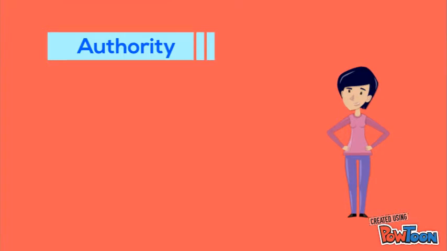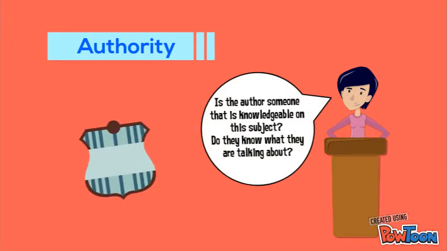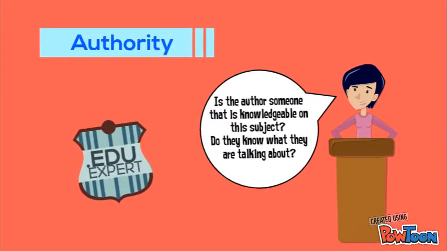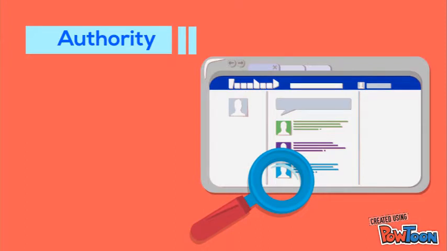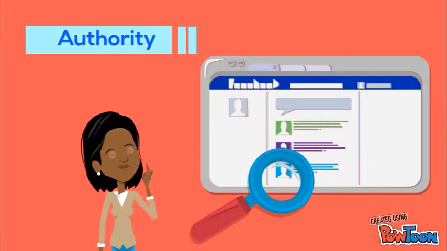Something else you'll want to consider when evaluating a source is the author. Are they an authority or expert in this particular field? Is the author of the website listed? If the person that wrote the information is willing to put their name on it, it is probably more reliable than something without an author listed.